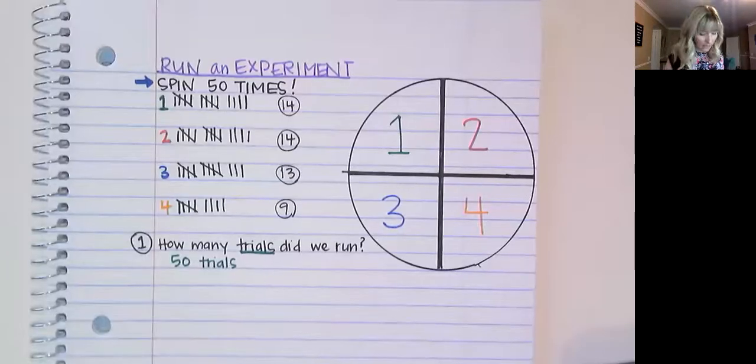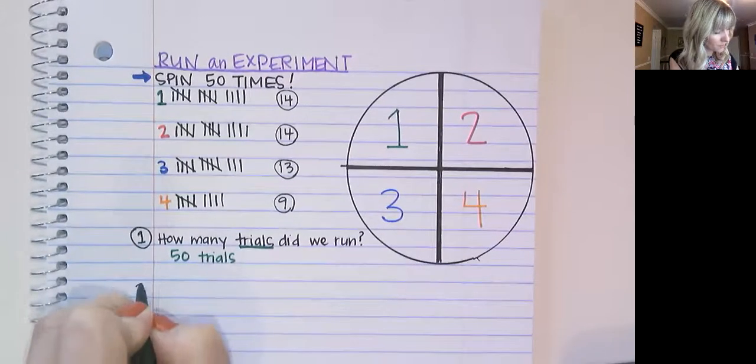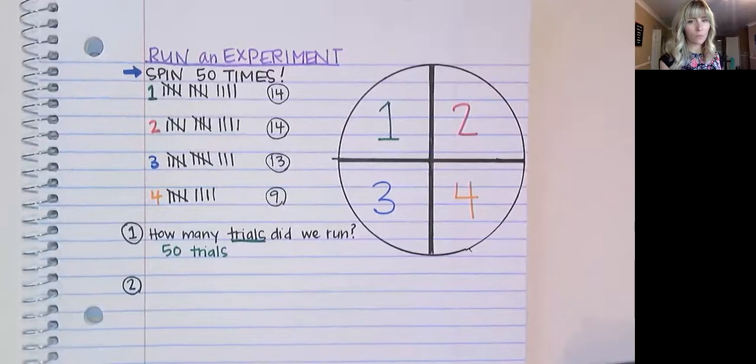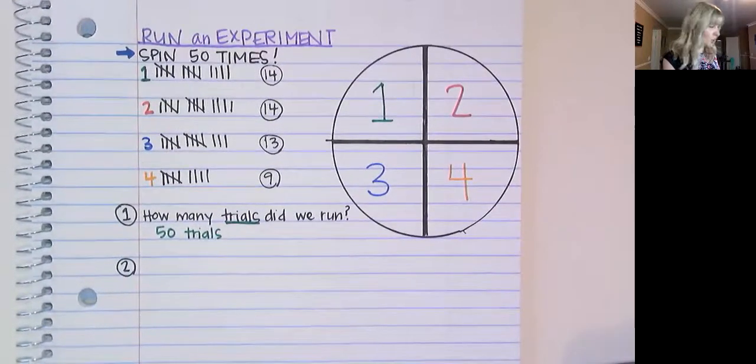So that's the trials. How many trials did you run? 50 trials. Okay. So the next question we're going to ask here, number 2, and this is an important question as far as what this experiment actually shows us. So question number 2.